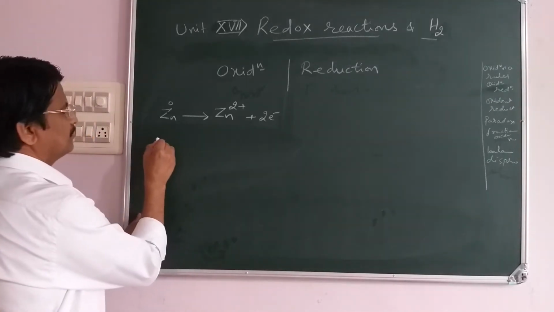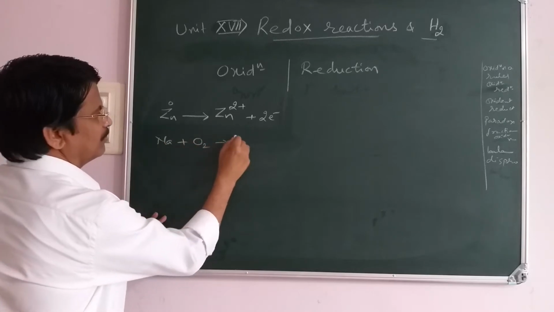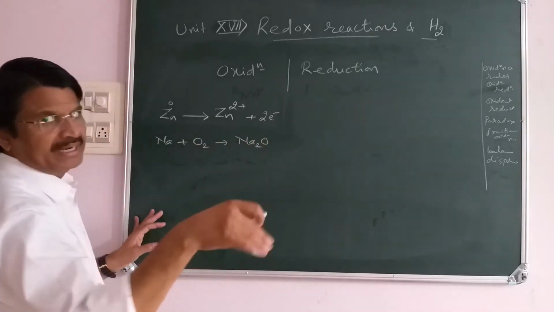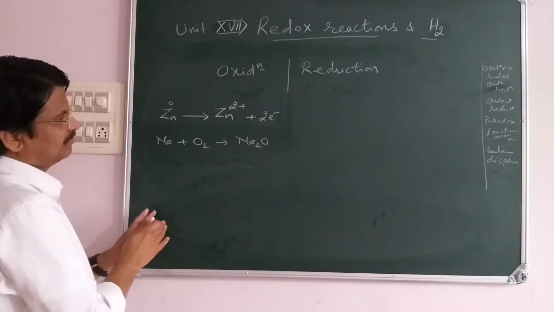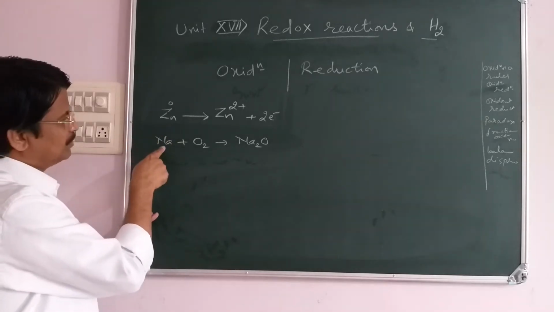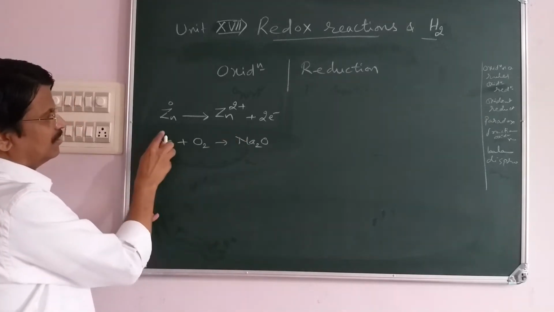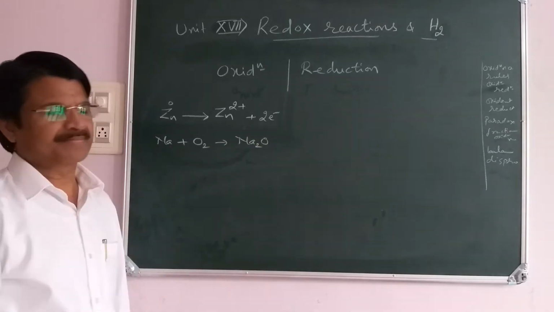Take a metal like sodium, which burns in air to form Na2O, Na2O2, etc., sodium oxide and sodium peroxide. Here O is added, O reacted with metal, which means the metal undergoes oxidation, Na 0 into plus 1, an increase in oxidation number.